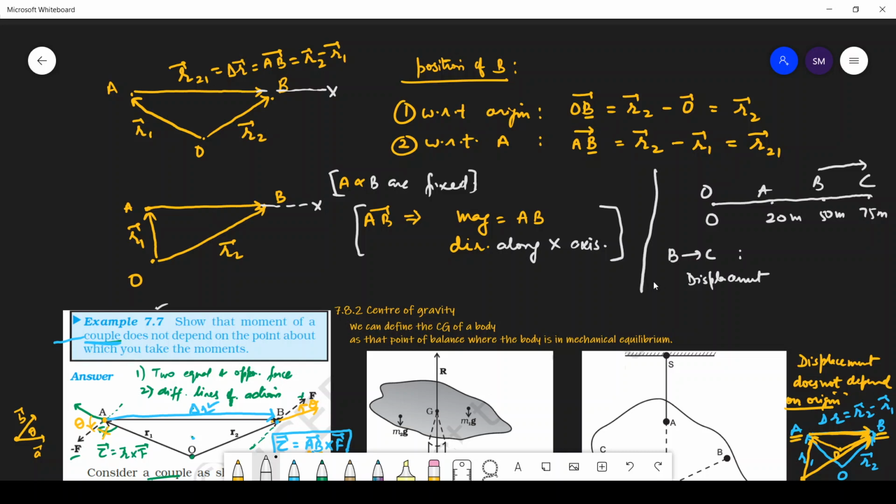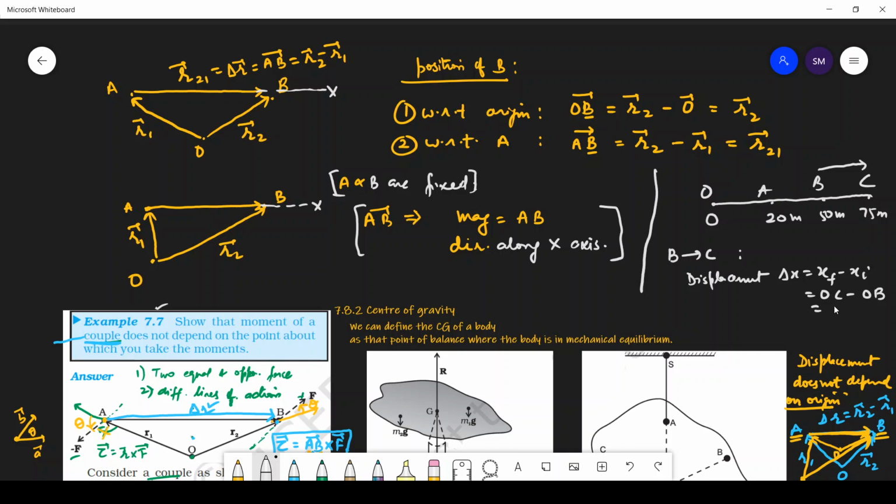If you are taking origin as O, displacement is final position minus initial position. So what is my final position here? So final position is OC minus OB.